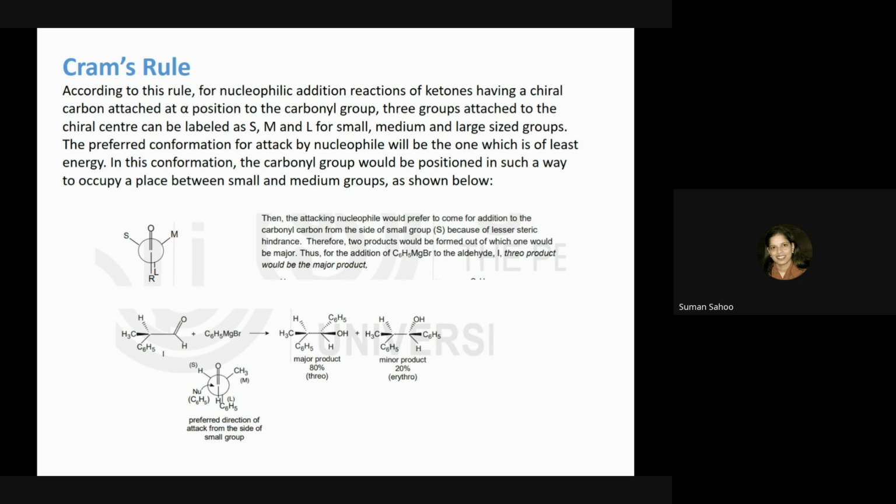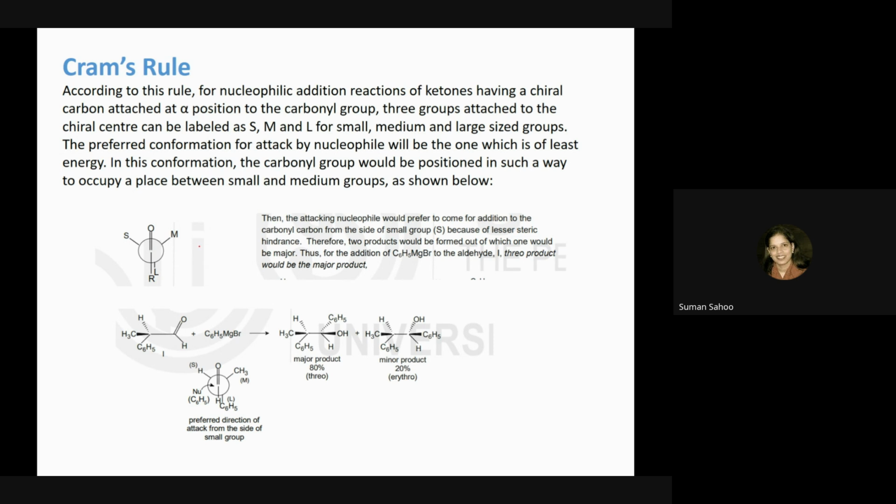According to Cram's rule, you keep the ketone, that is the carbon-oxygen double bond, the carbonyl group, on the front carbon, and the large group should be positioned just opposite to it. Then the attacking nucleophile would prefer to add to the carbon atom from the side of the small group.